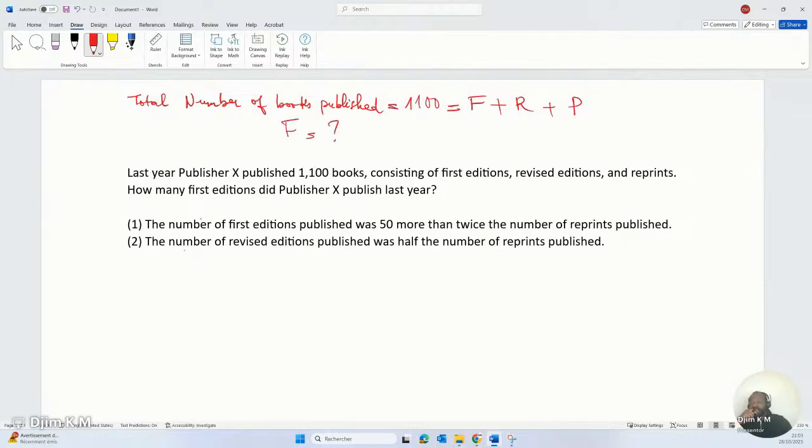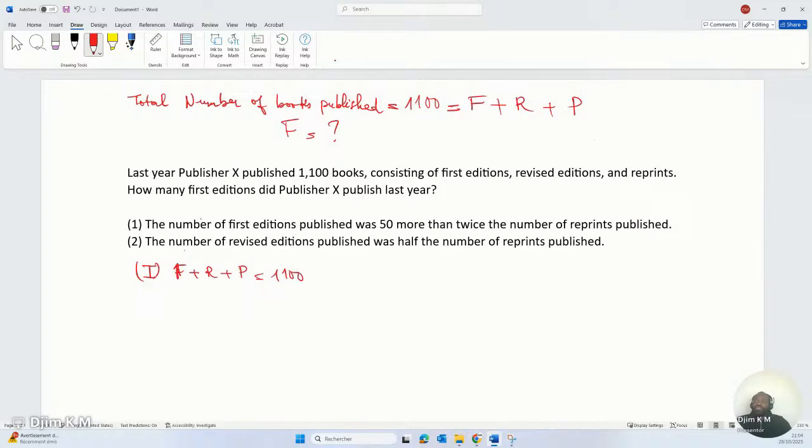Okay, F. It tells us that the number of first editions published was 50 more than twice the number of reprints. That's the first condition. We have F plus R plus P is equal to 1,100.